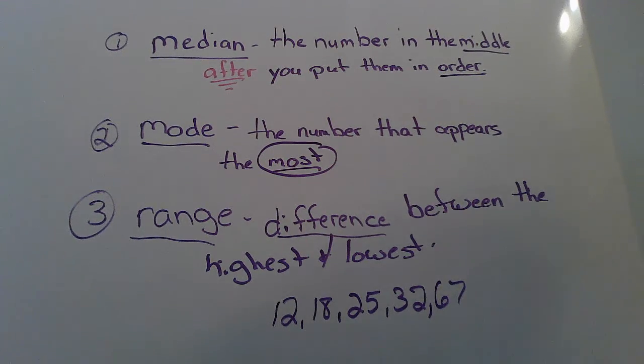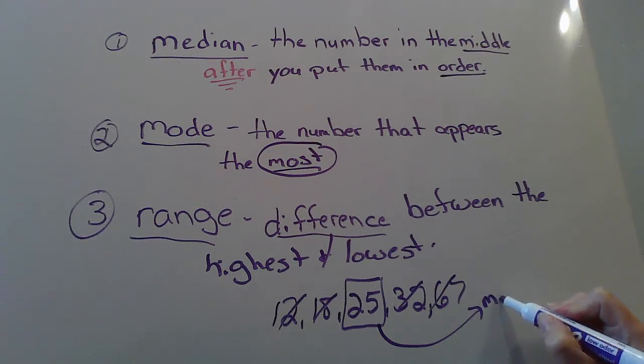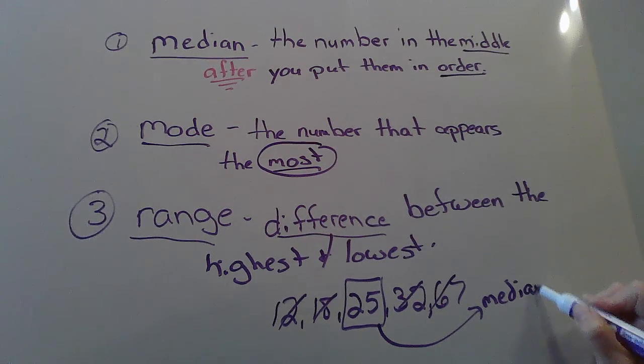So what would be the median for this? Again, you can cross off if that helps. The median is 25. There really isn't any work to show for that one, unless you want to cross off the ends, but 25 would be your answer for number 1.